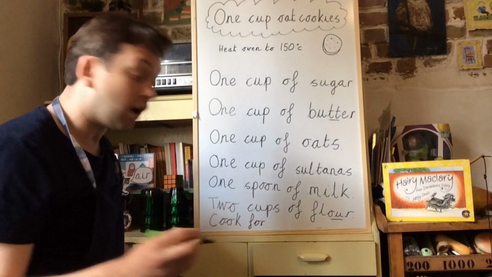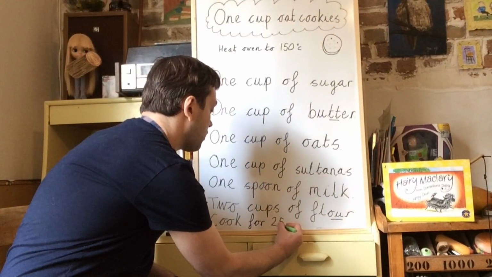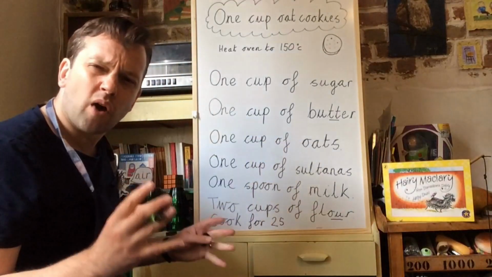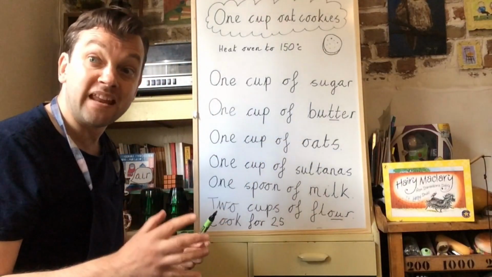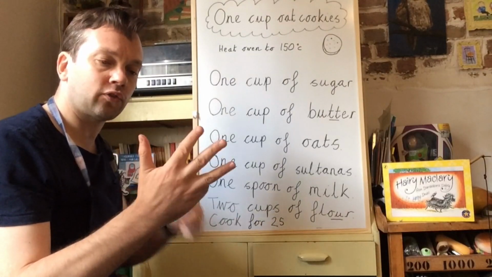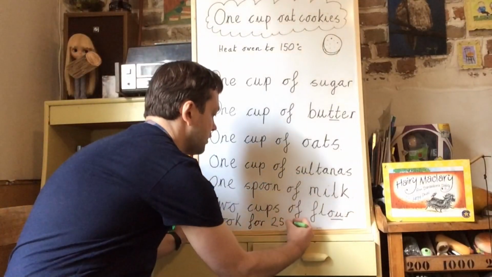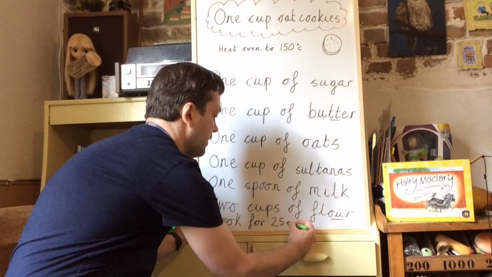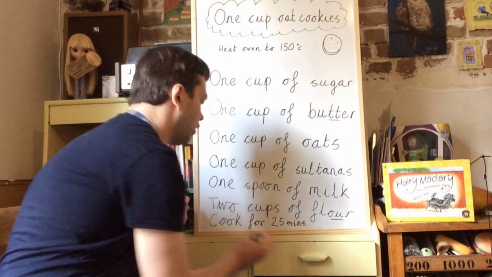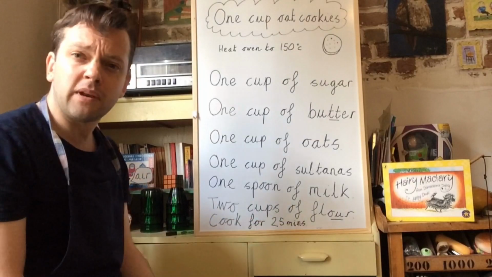Now 25 is a 2 and then a 5. And in a recipe, when we write minutes, we just write mins. It's short for minutes. So we just do m, i, n, s, full stop. Cook for 25 mins. 25 minutes.